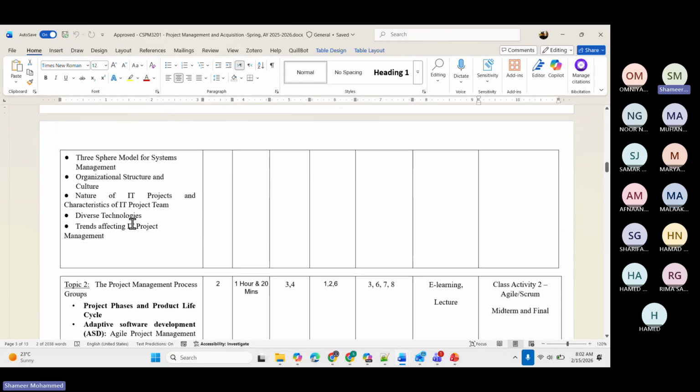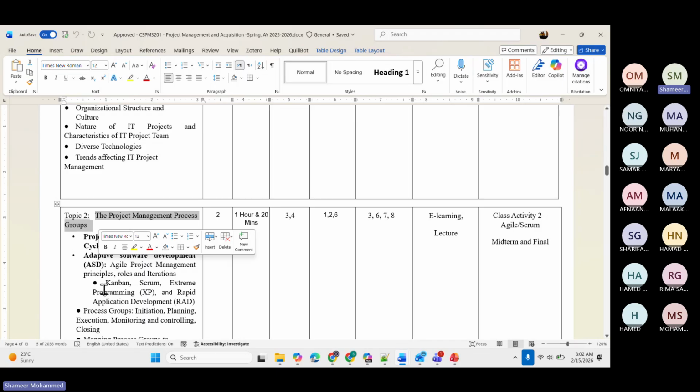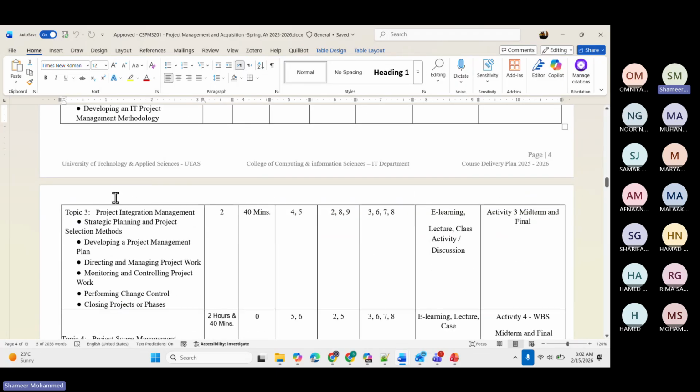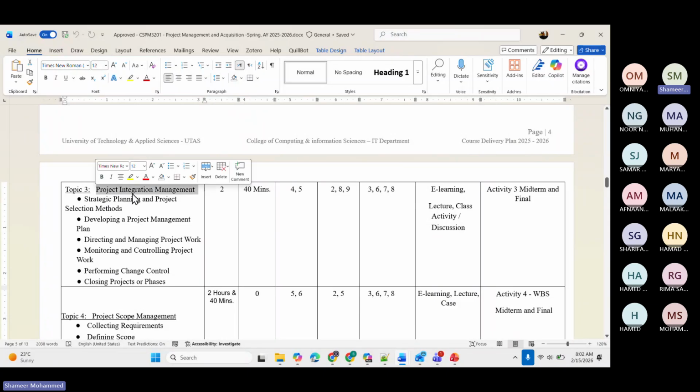Then in week 2, I'm going to teach you what the process in project management is, that is, what are the steps involved. That I will teach in the next topic, lecture 2. Then in lecture 3, we are going to learn how you can combine the different activities, that is, integration of the project, and you will learn integration management.